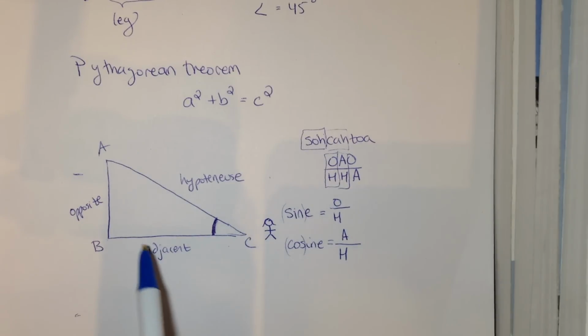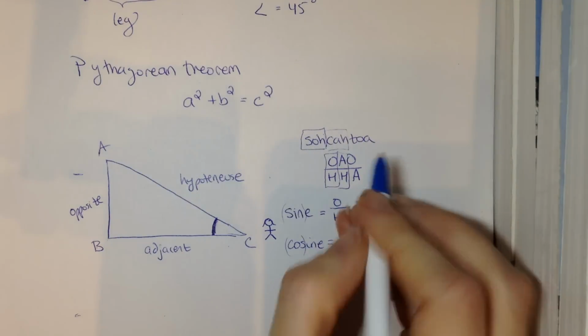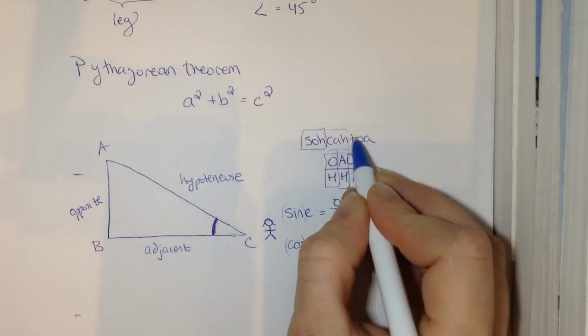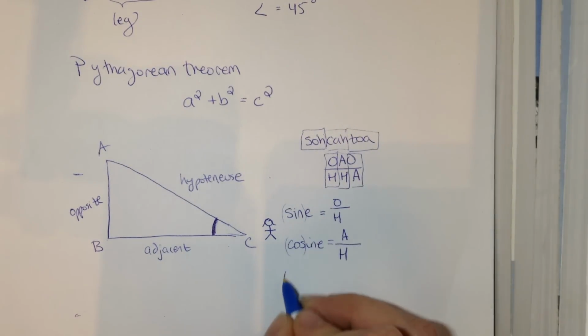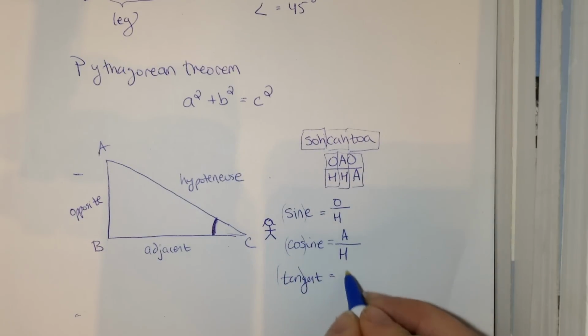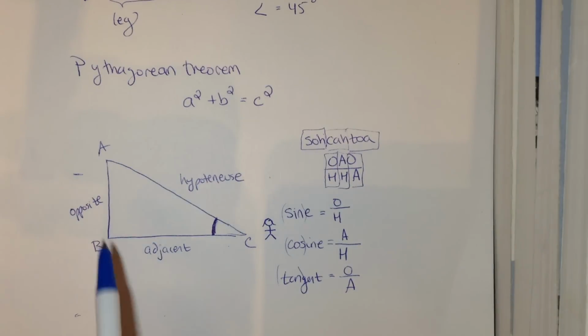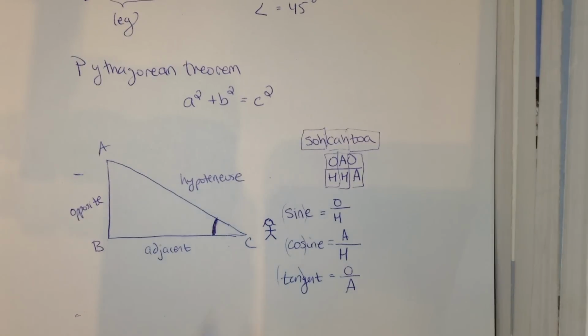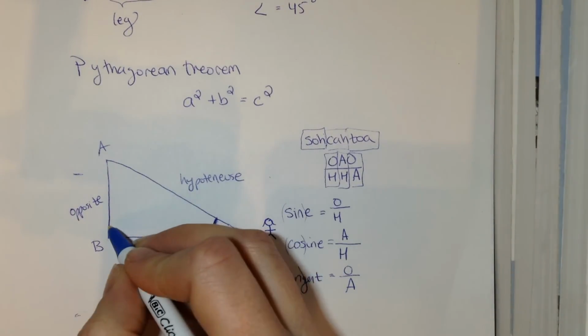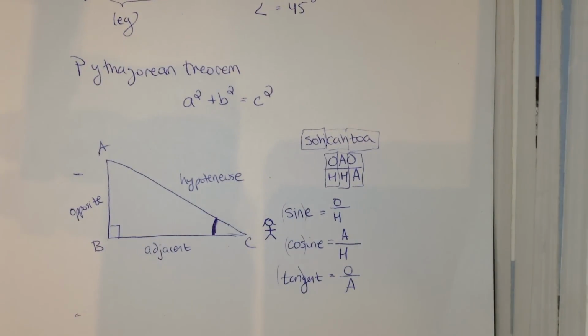So if I'm looking for cosine, I find BC over AC. That ratio gives me the cosine. The last basic trig ratio is TOA. That's tangent, abbreviated TAN, and this is opposite over adjacent. So I would put this length over this length. That ratio gives me the tangent of angle BCA.